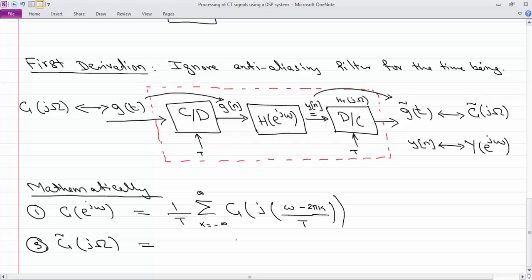Your scaling of the frequency axis is by division by T. So your original frequencies are Y of e to the j, but instead of little omega, you get capital omega T. Which means that you are dividing your frequency axis by capital T. Your little omega is capital omega T, or your capital omega is little omega over T. And then you multiply that with your reconstruction filter.